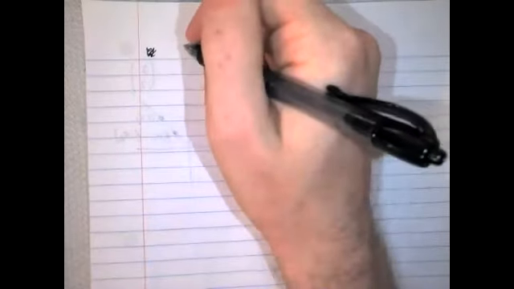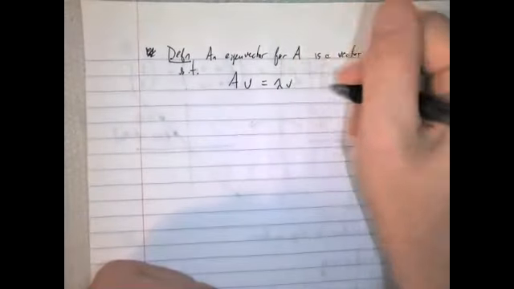So now I'm going to write down the equation. Definition: an eigenvector for A is a vector v such that Av is equal to lambda v for some lambda.